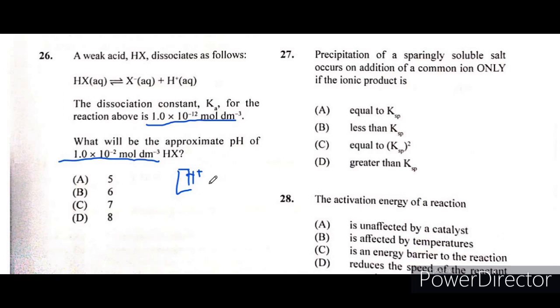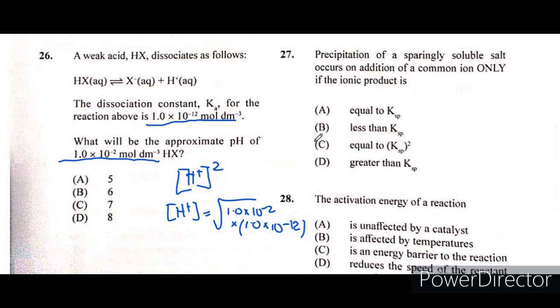So in order to find the concentration of the H plus ions, you find the square root of 1.0 times 10 to the minus 2 times 1.0 times 10 to the minus 12. Once you do that, I got 1 times 10 to the minus 7.